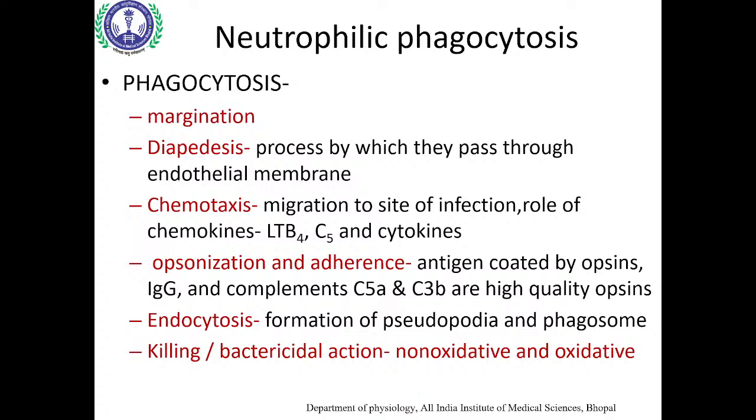So an important function of the neutrophils is phagocytosis. I assume that you all are aware of this term phagocytosis. किसमें होता है phagocytosis? कौन से ऑर्गेनिज्म में आपने पढ़ा है? एमीबा में.